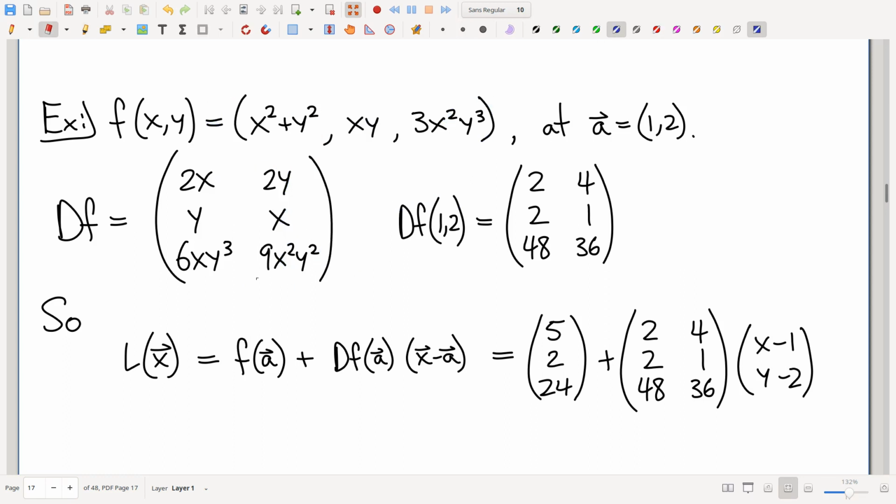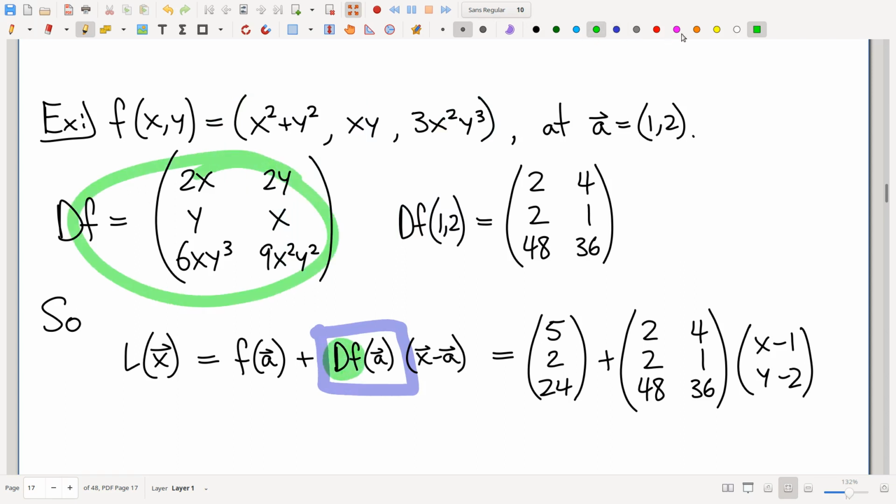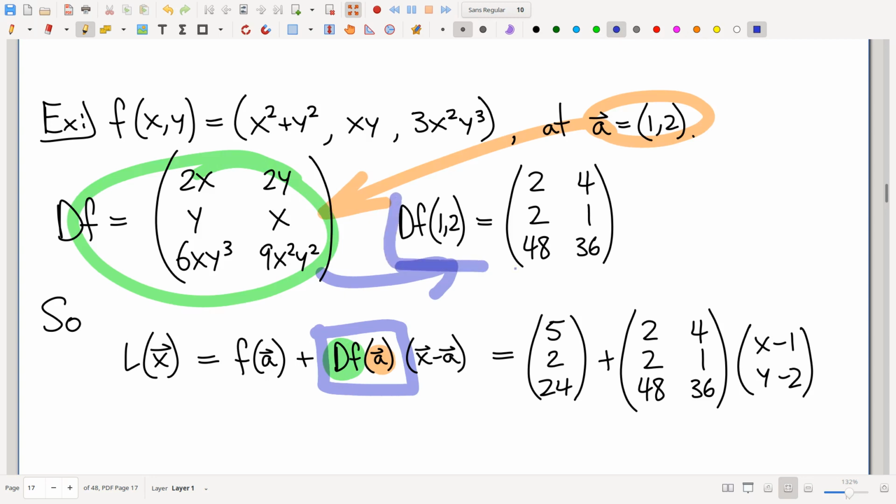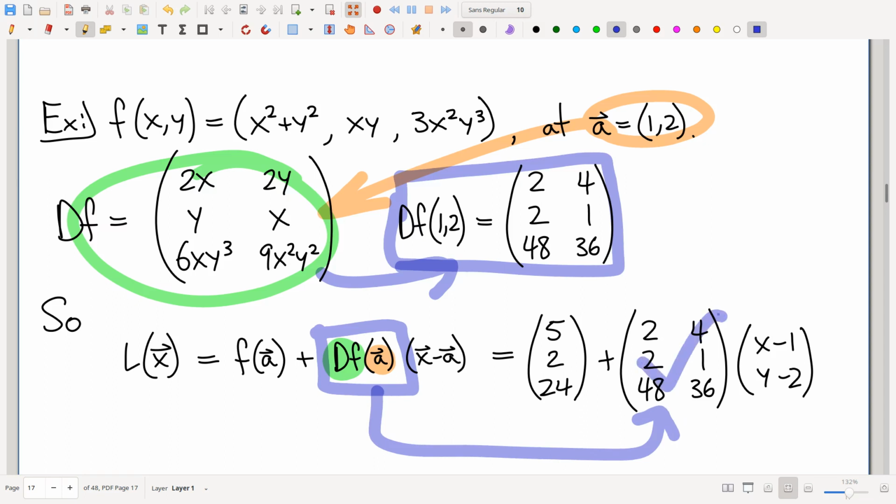Now, of course, our factor here is df evaluated at the point A. So yes, I've computed df, but now I've got to plug in the point A. So this has got to plug into there, and then the resulting evaluated df is this, which then goes there.